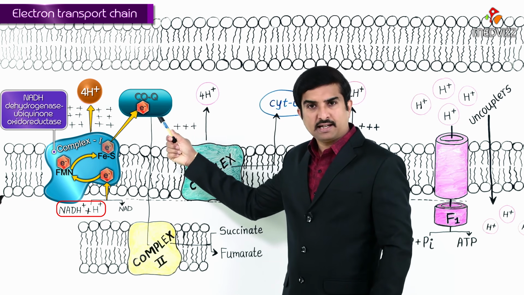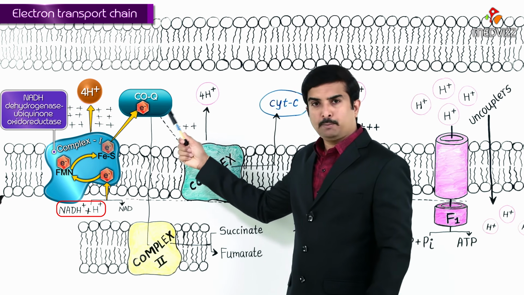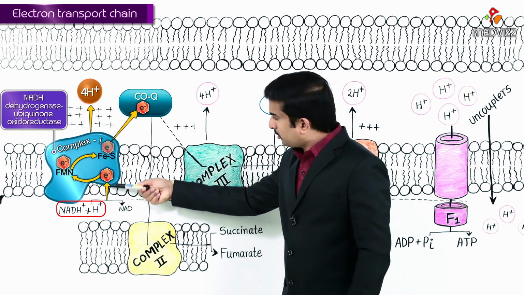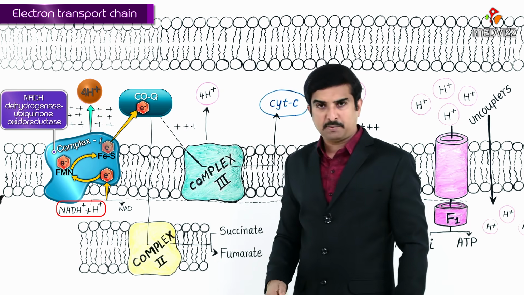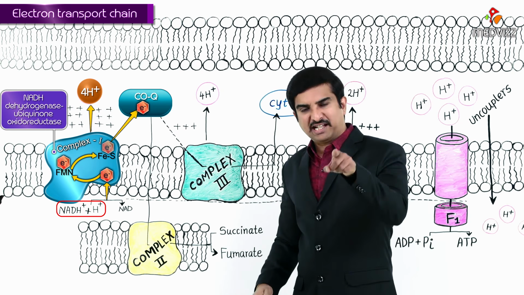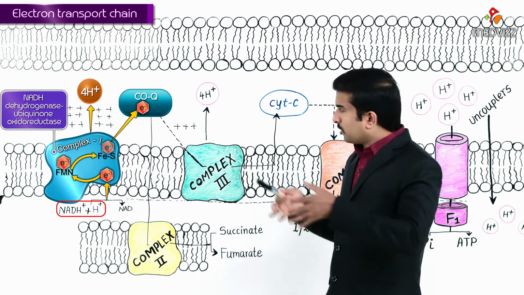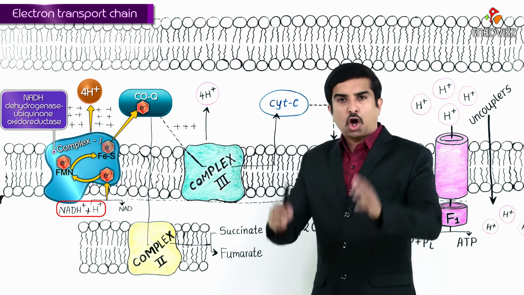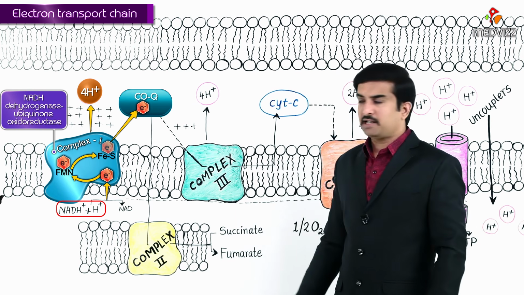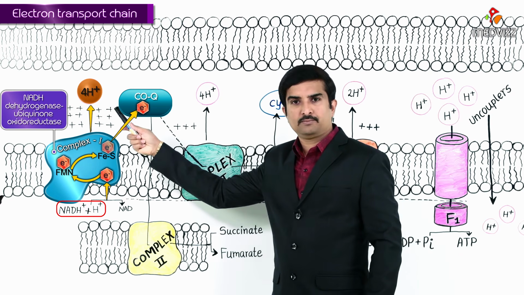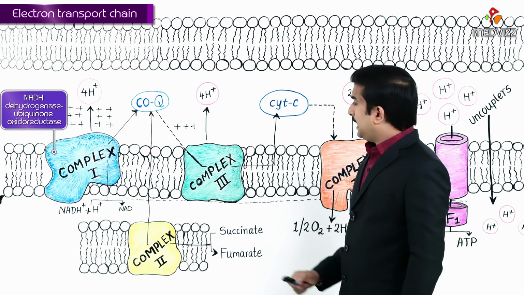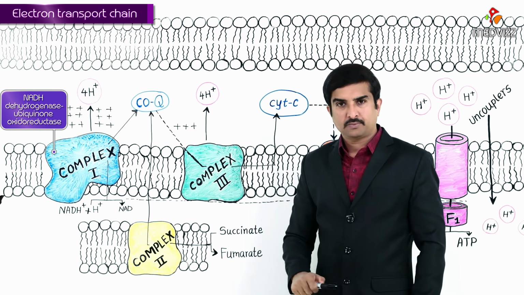Electrons are with coenzyme Q. What happened to the protons? 4 protons are pumped into the intermembrane space. So after complex 1, once the electrons are with coenzyme Q, how many protons are present in the intermembrane space? 4. Right? Now, let us talk about complex 3.